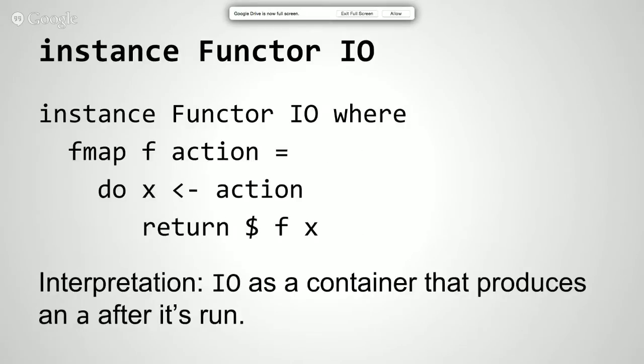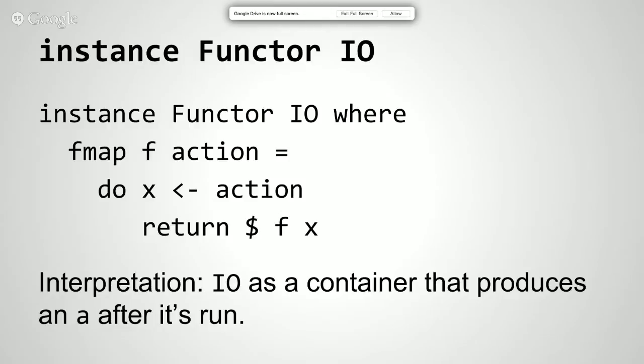And finally, there's IO, which is also a functor. When we fmap a function f across an IO action, we get a new action that takes the action that was passed in and returns f of that. So we're interpreting IO as some container, some magical device that produces an A. And when we fmap an f over it, we have the same IO, but it's producing f of A's.